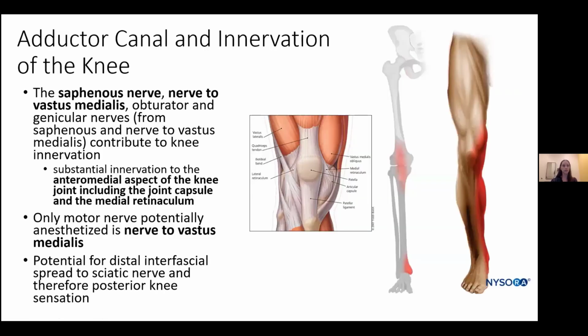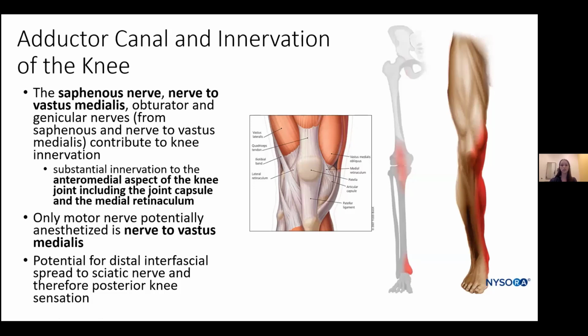So just to quickly summarize, the saphenous nerve and the nerve to vastus medialis largely cover the anterior medial area of the knee. That's useful, as we'll see in a number of surgeries where the surgical approach is the medial knee. The only motor nerve potentially to be anesthetized is the nerve to vastus medialis.